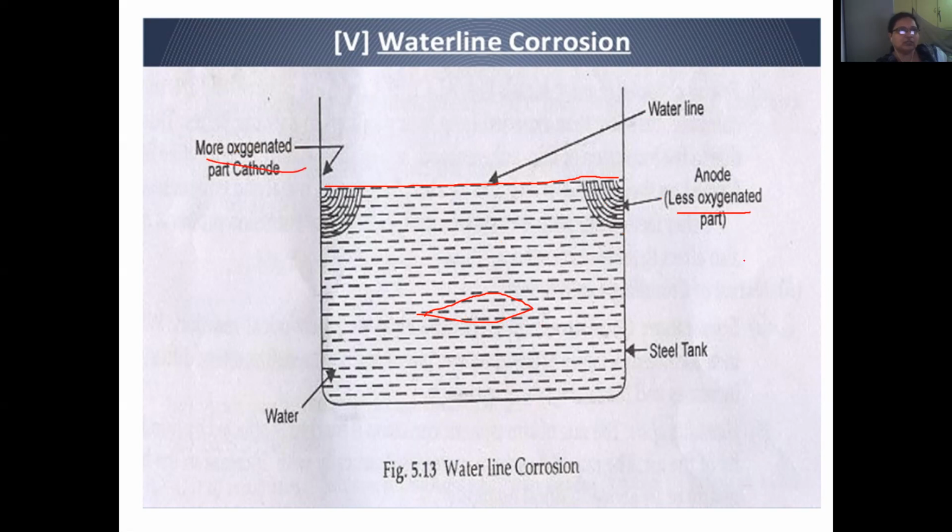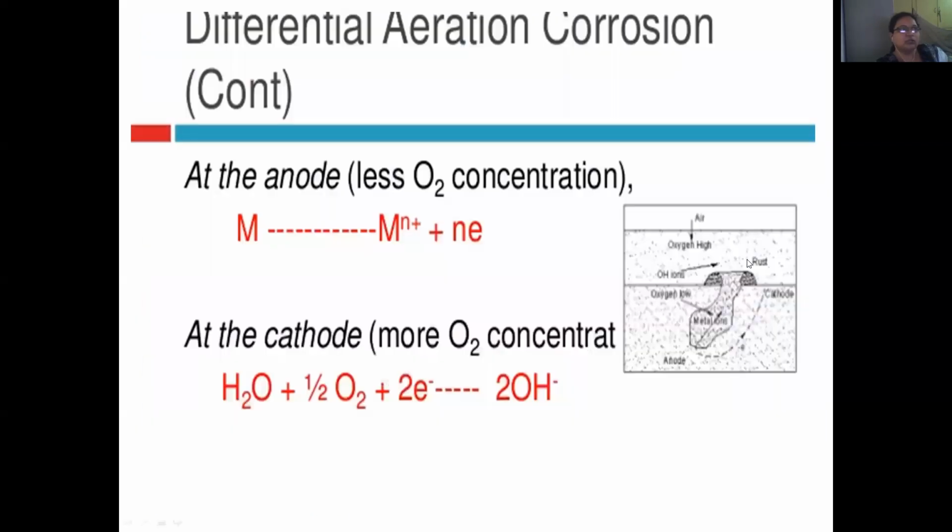The less oxygenated part undergoes more corrosion and the more oxygenated part undergoes less corrosion. That is why this is called waterline corrosion, concentration cell corrosion or differential aeration corrosion. Whatever, it means the same. At the anode there is less oxygen concentration, the metal gives Mn++ and electrons, and at the cathode it forms hydroxyl ions.